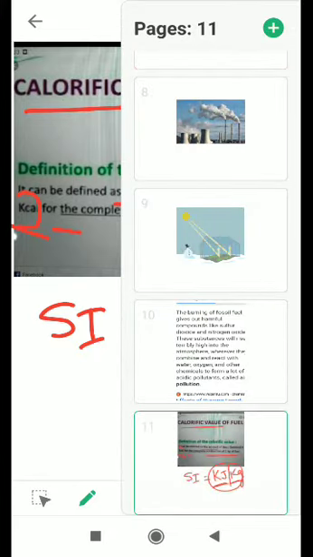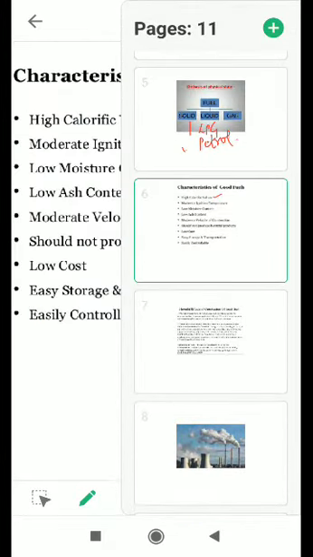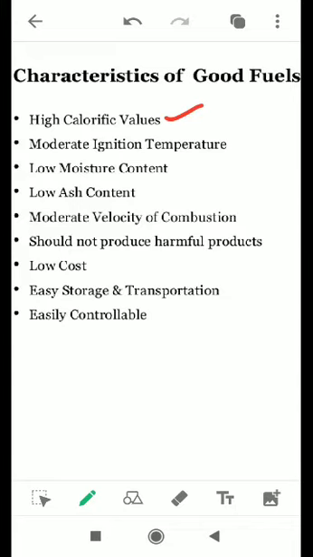Now let us come to the same slide, that is characteristics of fuel. The fuel should have a moderate ignition temperature. Ignition temperature is the minimum temperature required to burn the fuel. So it is necessary to have a moderate ignition temperature.